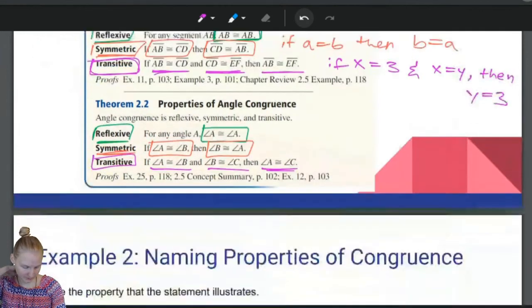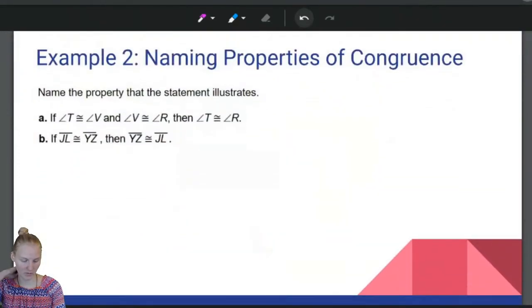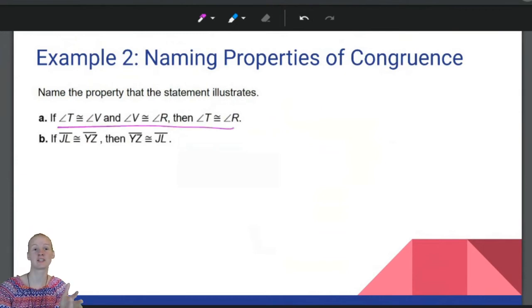So now, we're going to see an example where we are going to name properties of congruence. What happens if you see something like this in your proof? This would be your statement. What would the reason be?